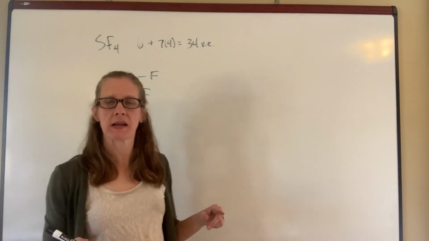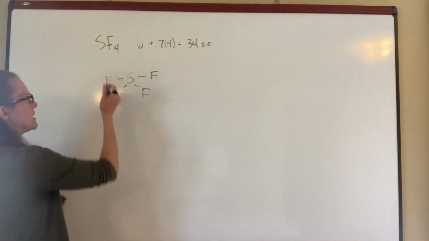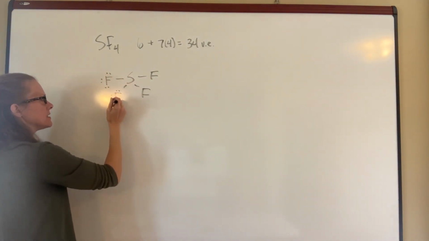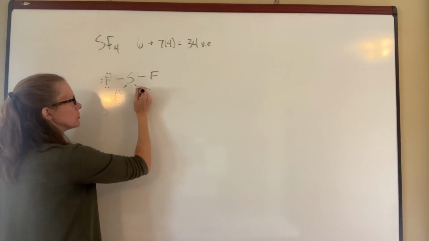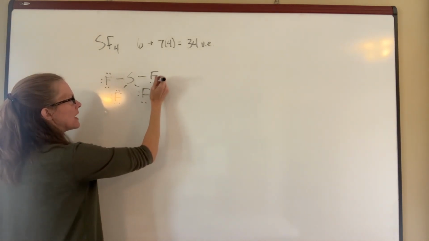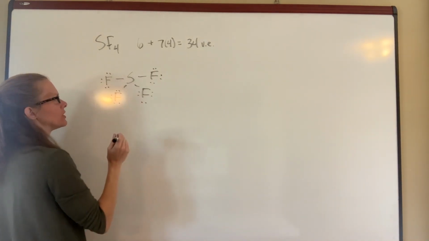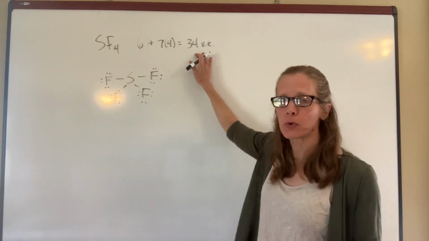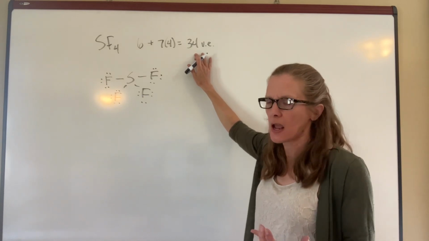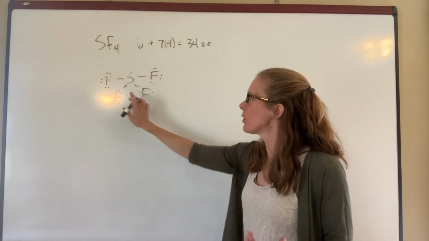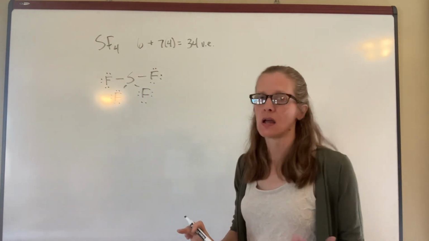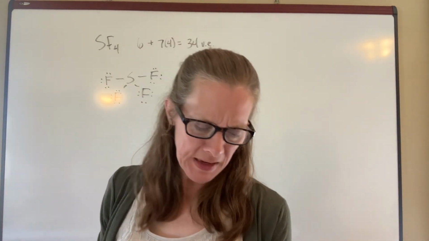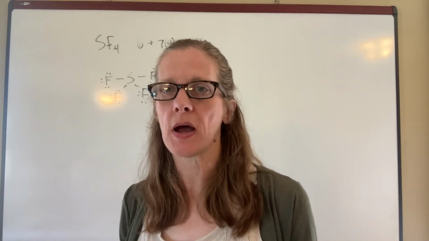Now I'm going to start adding lone pairs. So 8, 10, 12, 14, 16, 18, 20, 22, 24, 26, 28, 30, 32. I have 34 valence electrons to use, so I didn't have quite enough. Even though that sulfur has an octet around it, the thing you have to remember is that sulfur is in the 3rd row of the periodic table.